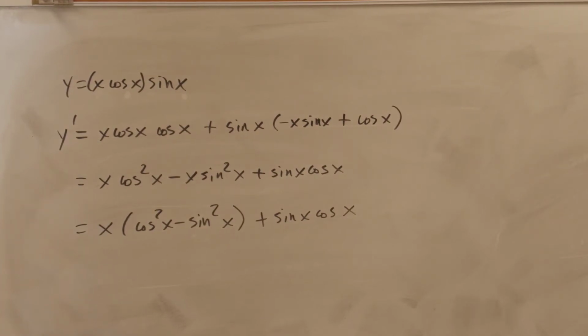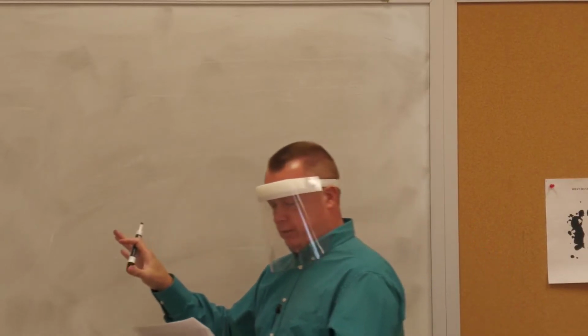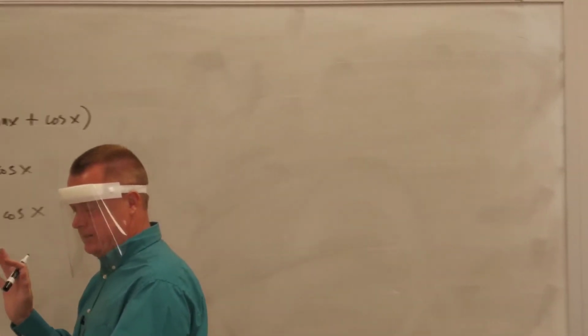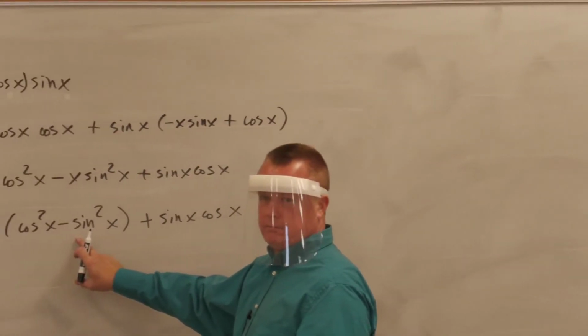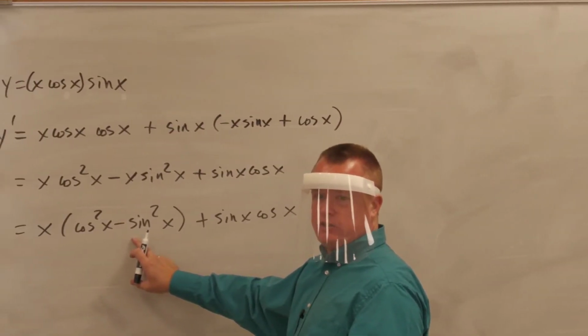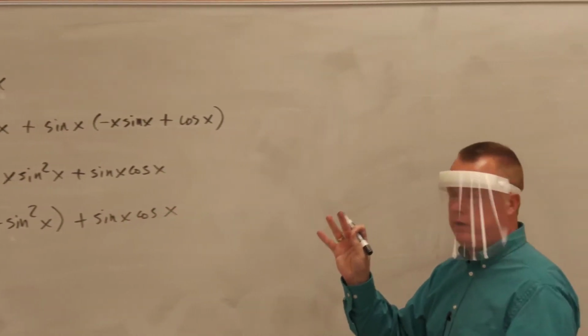I know you're writing all this down. If you do look at your trig sheet, and double angle formulas, there's a double angle formula for cosine squared minus sine squared, and it is cosine 2x. So cosine squared minus sine squared is cosine 2x.